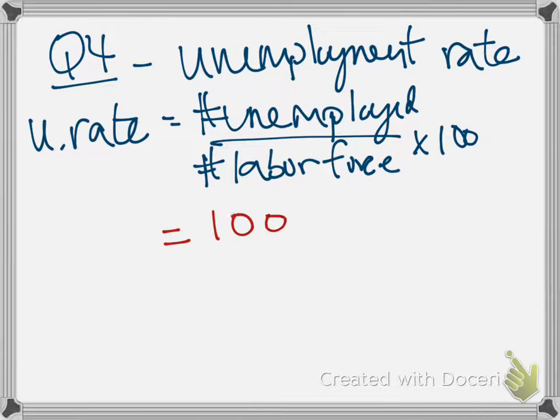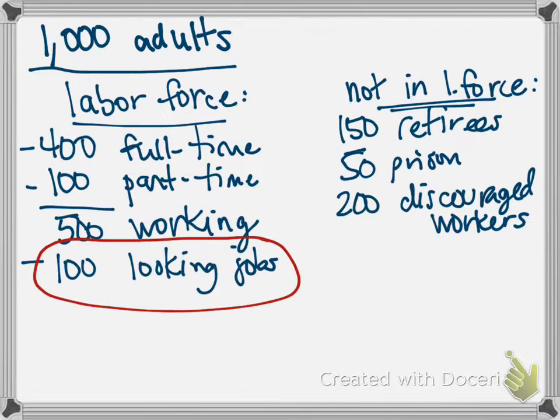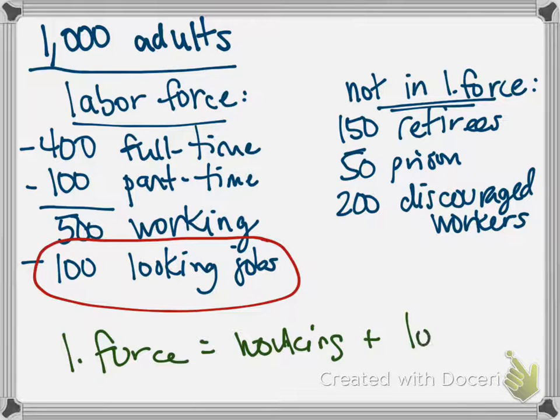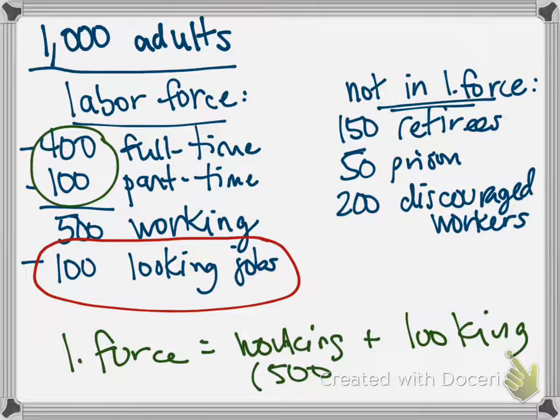So we have the 100 who are unemployed, and then who is the labor force? That's the other part we need to know. The labor force is comprised of two groups: those who are working plus those who are looking. Going up here, the working is that 500, and the looking are those 100 that we classify as unemployed.